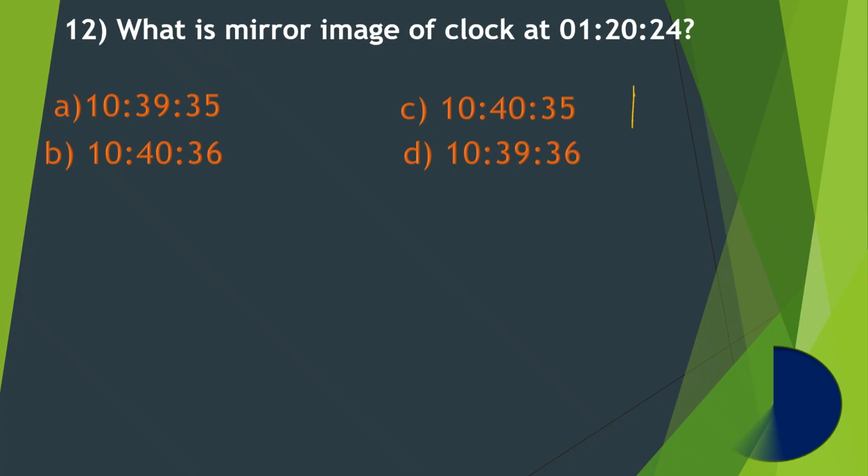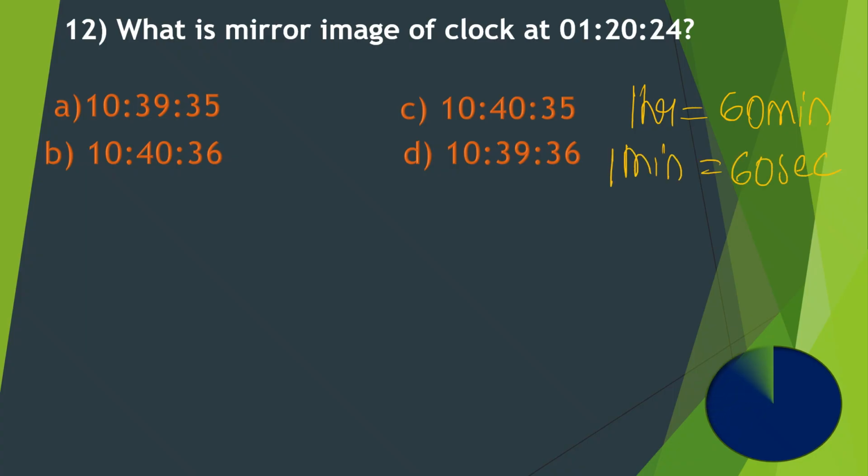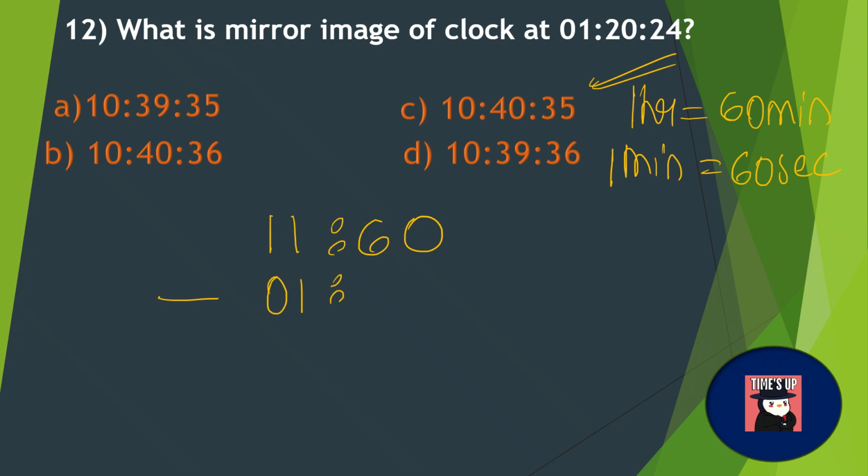You know that 1 hour is equal to 60 minutes and 1 minute is equal to 60 seconds. You have learned it from school, correct? So you need to subtract it from 1160. How will you subtract this? Because you don't have anything here on the second side to subtract.